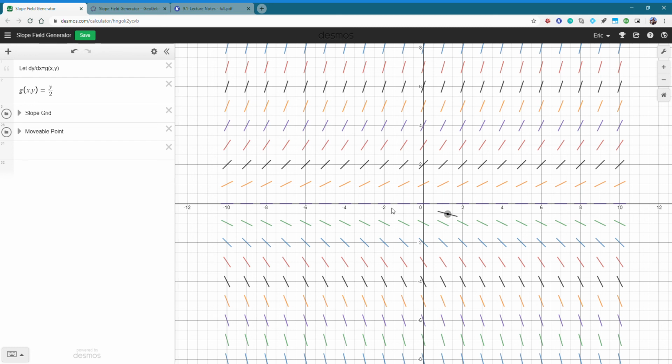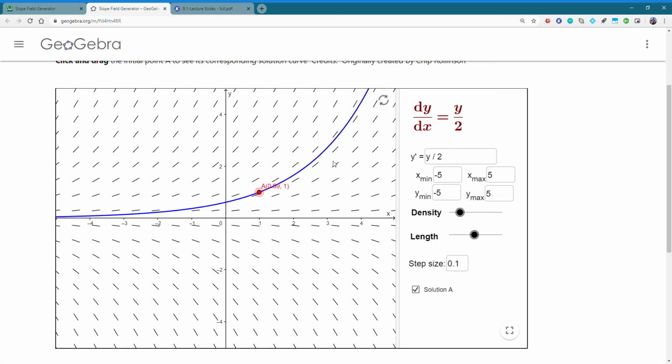And we can get an even more complete picture of what's going on here with another interactive. So here we have our same differential equation, y over 2. Here now we've chosen a particular point, and here we can see what a solution curve would look like, and we can see that indeed it is following the instructions of our direction field and matching the slopes as it should.